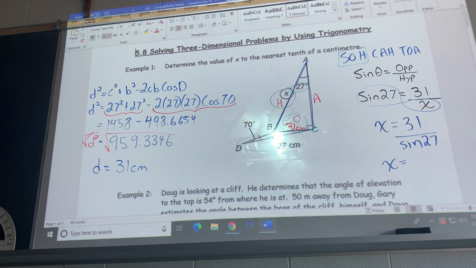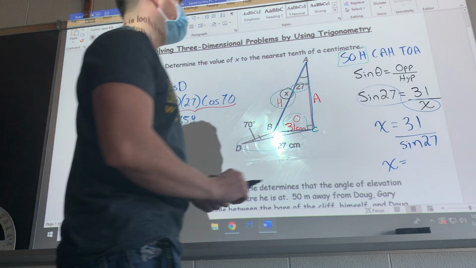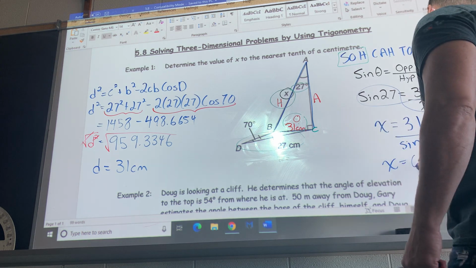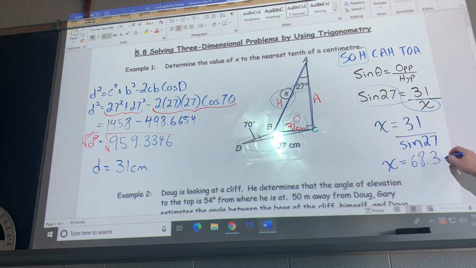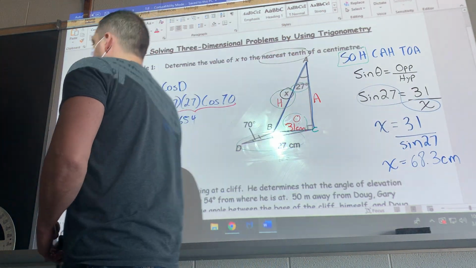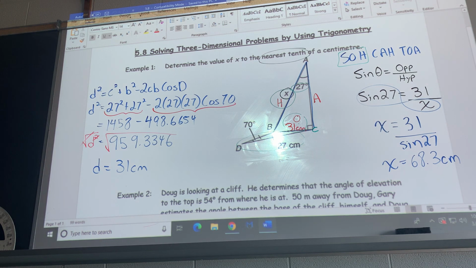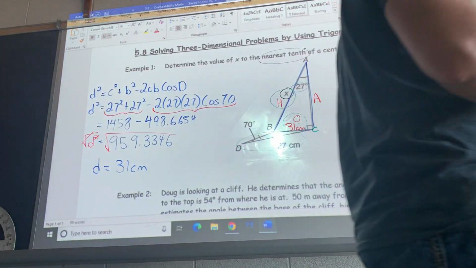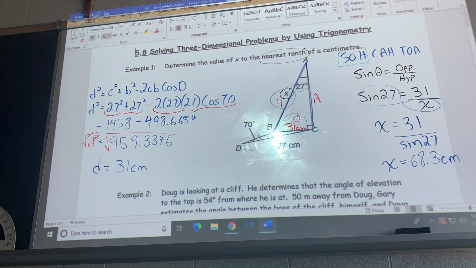And it says to the nearest 10th of a centimeter, so I get 68.28, which would give me 68.3 centimeters. Did you guys get the same? Yes, okay. Just make sure you're rounding. Just give you guys a minute.